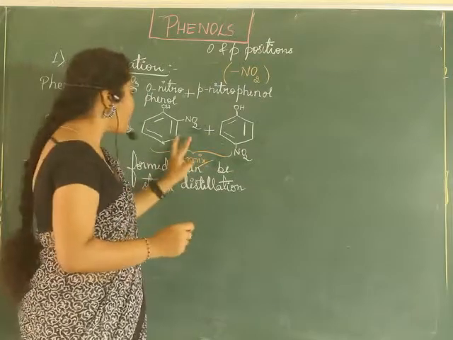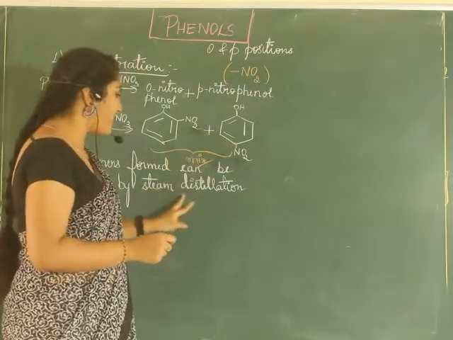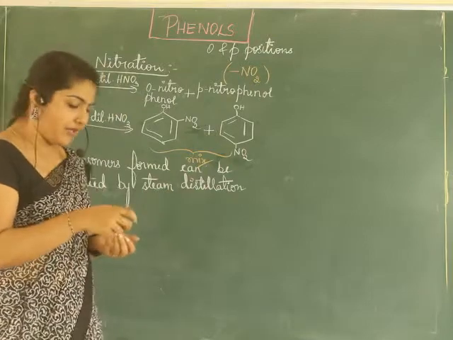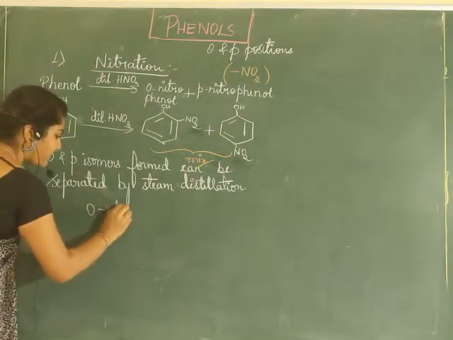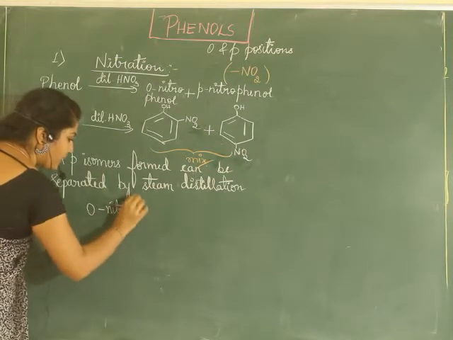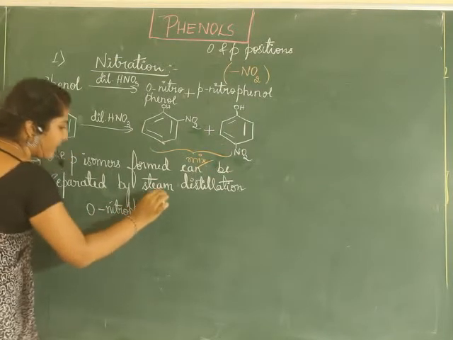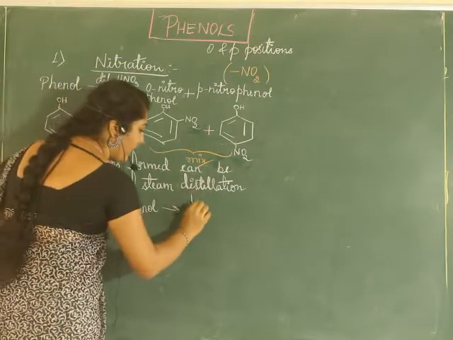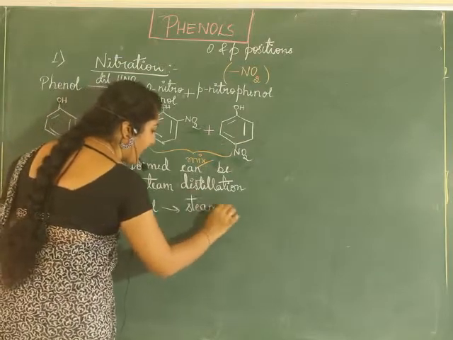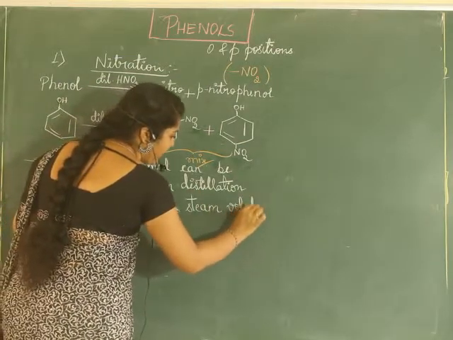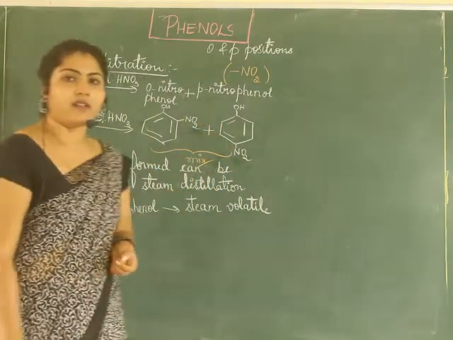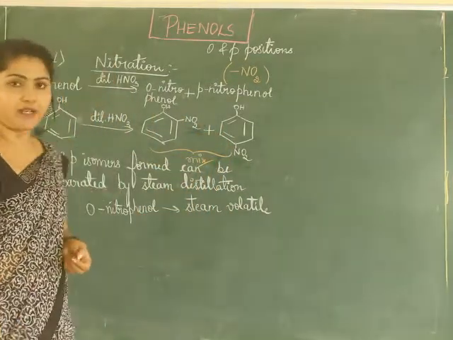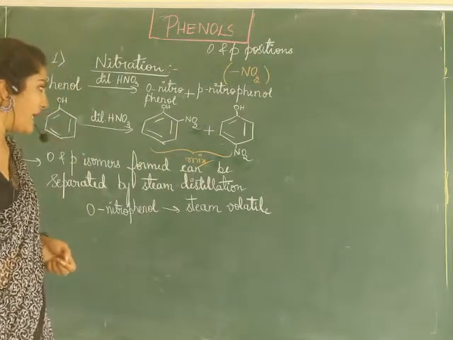That is how it is separated. It is separated by steam distillation, in which orthonitrophenol is steam volatile. Steam volatile means highly steam volatile. It can easily get evaporated, or it is volatile in nature.